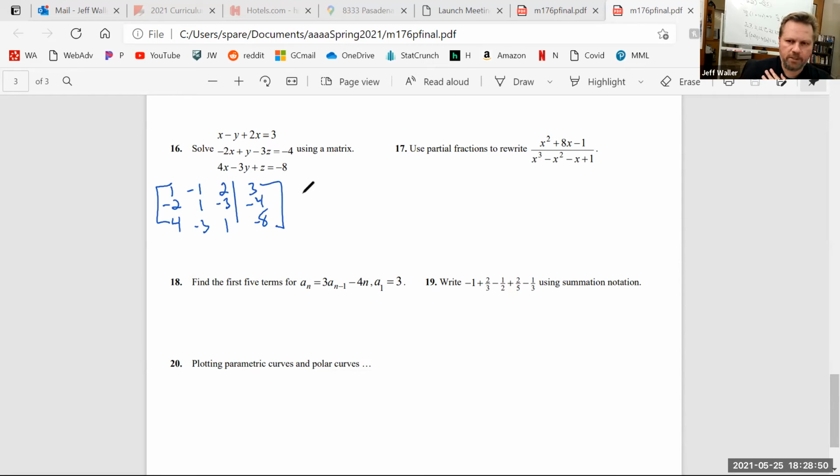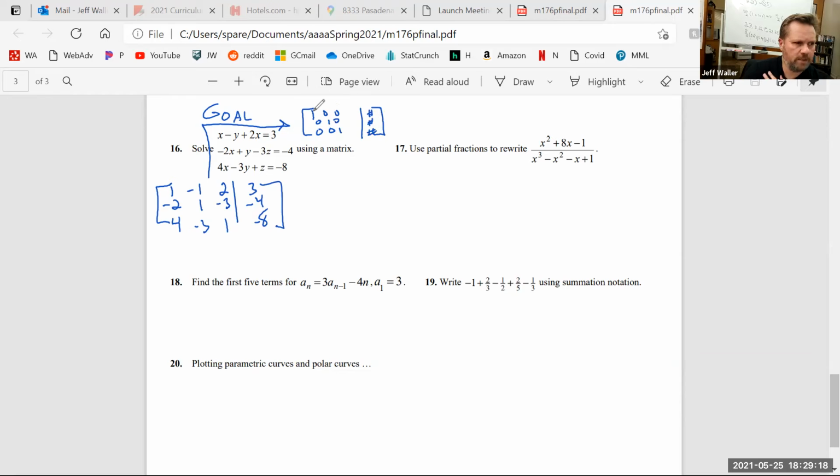Let's see how much we can do all at once. Does somebody remember a good first step? What's my goal, by the way? What do I want this matrix to become? The goal is 1, 0, 0, 0, 1, 0, and so on, with a number in the last column.